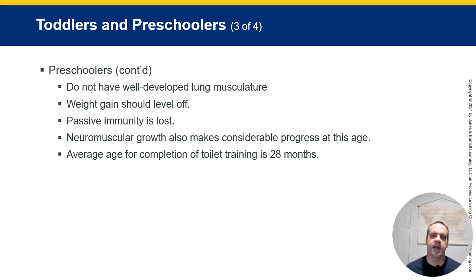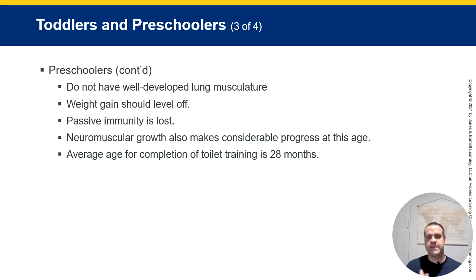Another key area of development is neuromuscular growth. They're learning how to run, jump, catch a ball, and do more precise tasks like stack blocks or hold a pencil with a better grip. This blend of gross and fine motor development helps build coordination, confidence, and overall strength. Also in this stage toilet training becomes a focus.